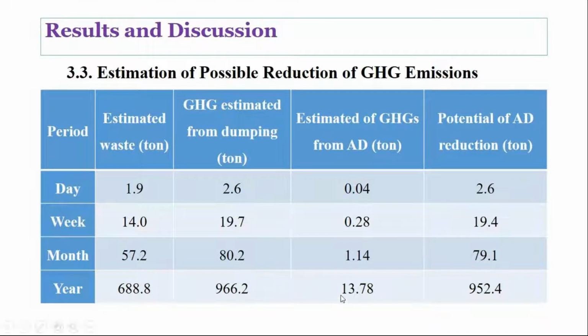While if biogas technology is introduced in the study area, only about 13.78 tons of greenhouse gas will be emitted. Thus, it has a potential to reduce about 952.4 tons of greenhouse gas emissions per year.